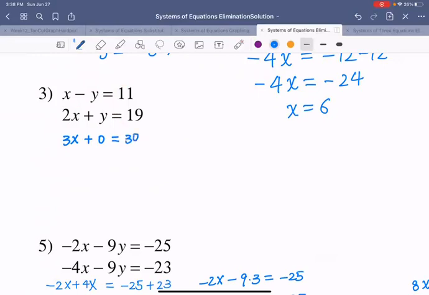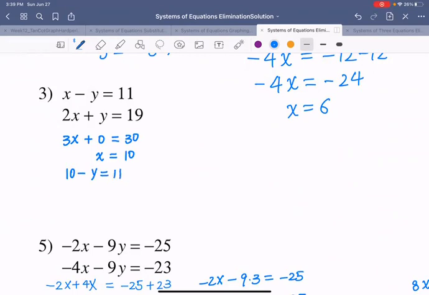Okay. So x equals? 10. Good. Now we want to put 10 back. Go. 10 minus y equals 11.